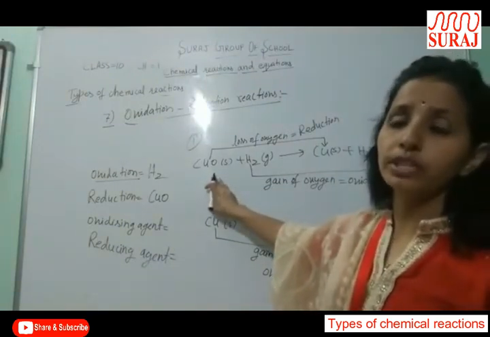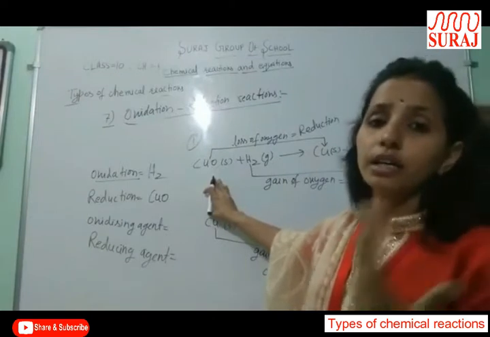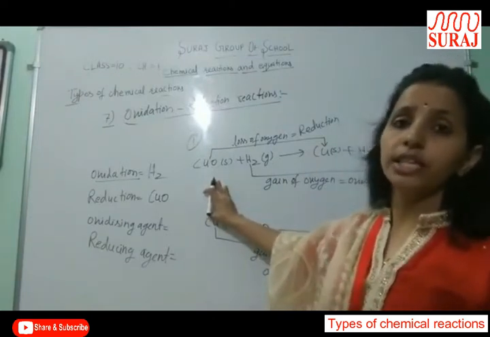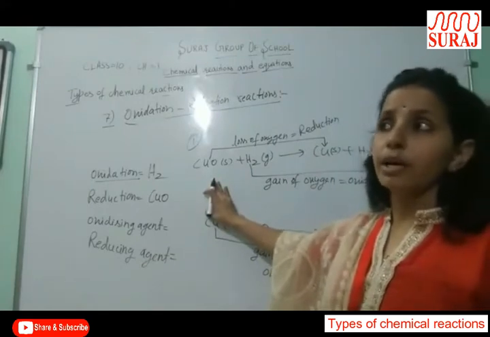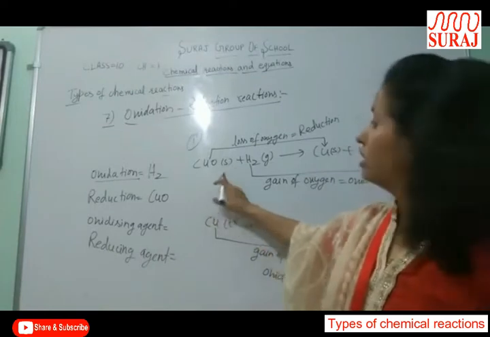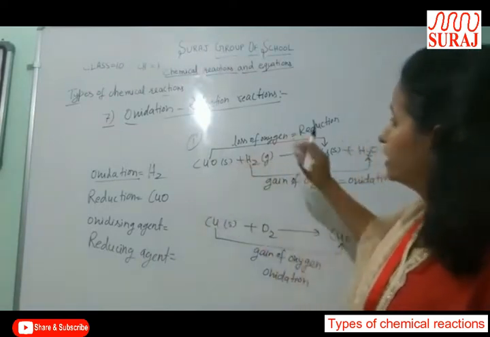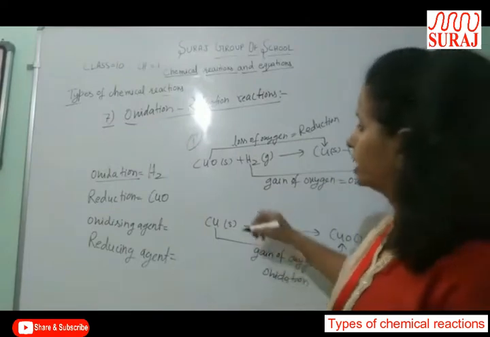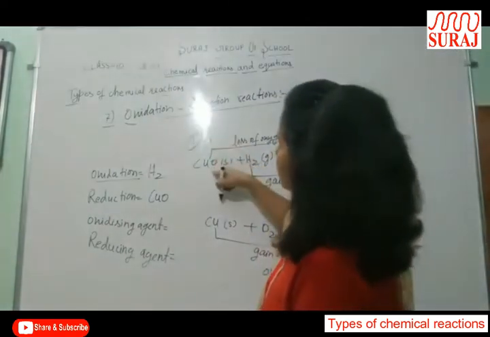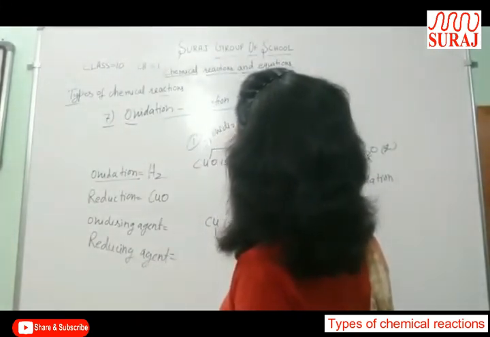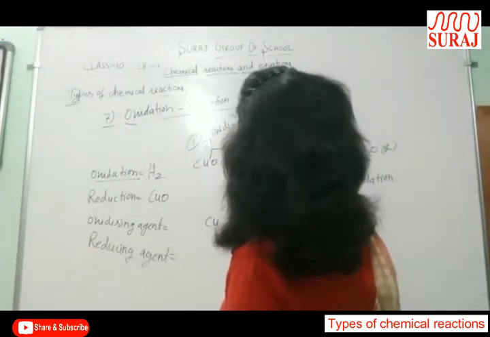The compound which gives oxygen to another compound or element is known as an oxidizing agent, which helps another compound to take oxygen and loses itself. The compound which is reduced is known as the oxidizing agent. That's why copper oxide is known as the oxidizing agent.